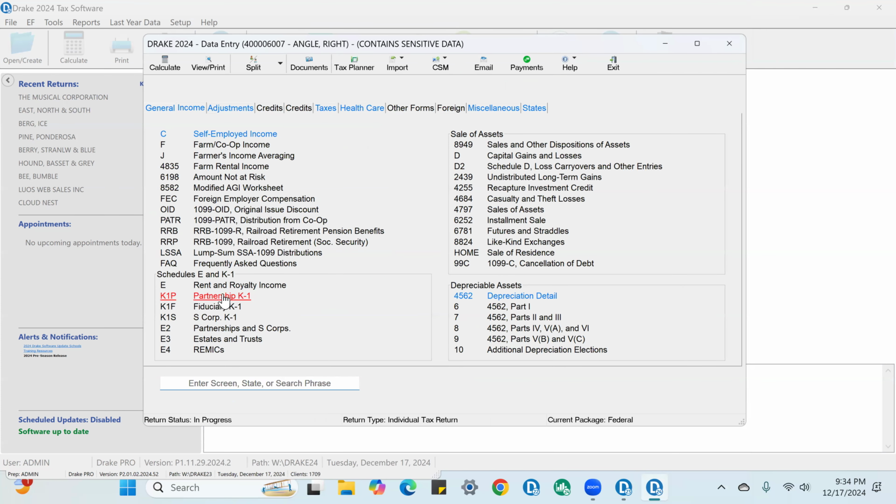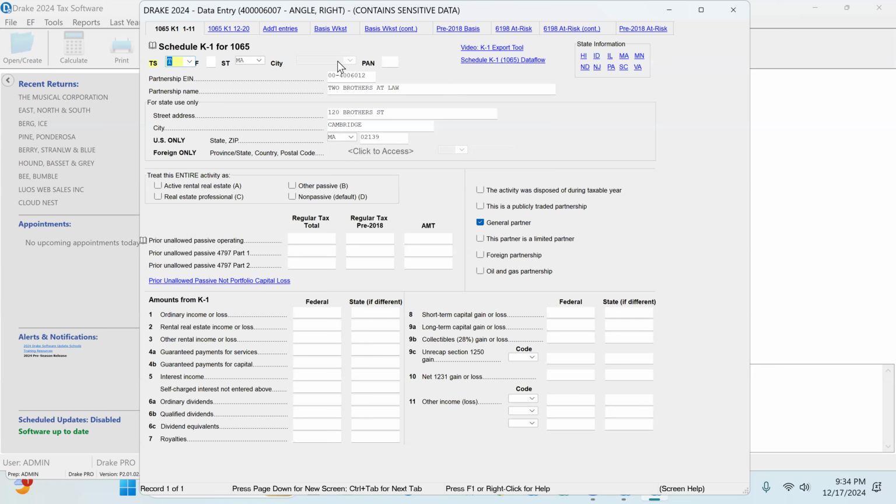Here's the law firm K1. The law firm K1 pays him $205,000.